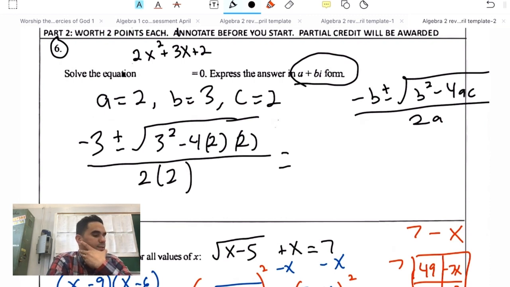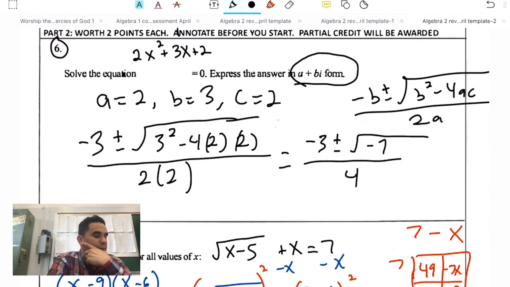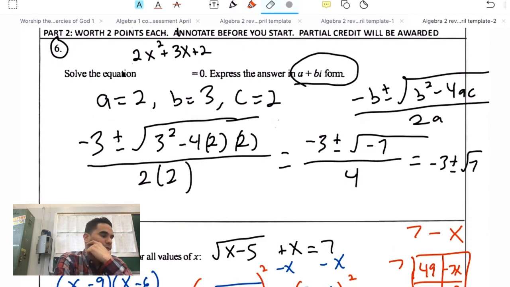So we evaluate that. That's going to be negative 3 plus or minus the square root of 9 minus 16, which is negative 7, over 4. That is equal to negative 3 plus or minus square root of negative 7 over 4.